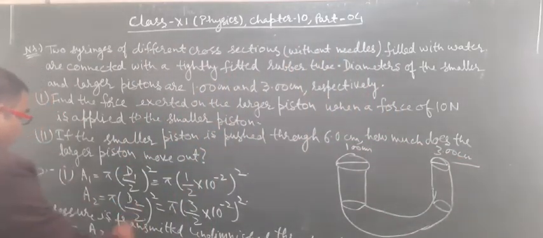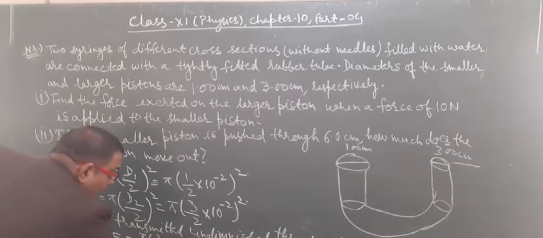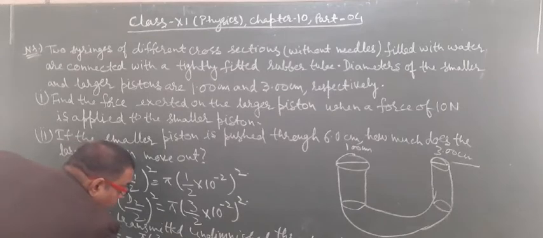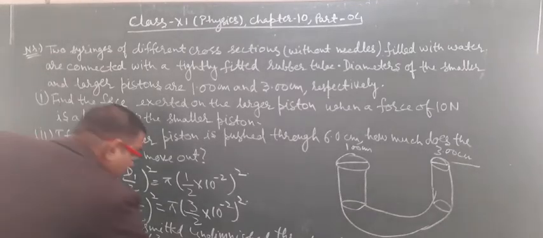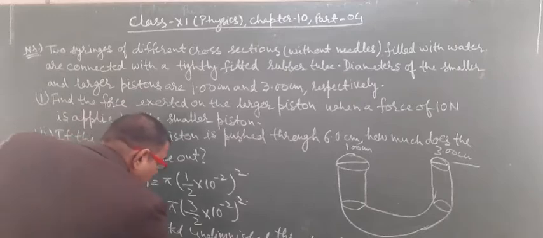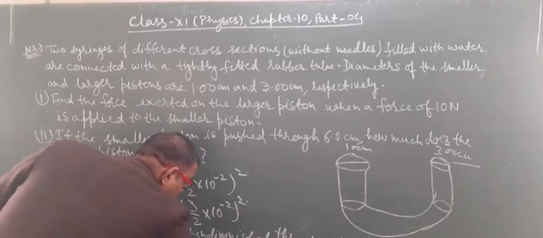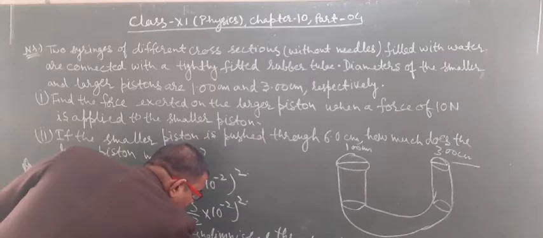So the value of A2 upon A1 is pi (3 by 2 into 10 to the power minus 2) whole square upon pi (1 by 2 into 10 to the power minus 2) whole square. Pi and pi cancel out, and it will become 9 upon 4 into 10 to the power minus 4 upon 1 upon 4 into 10 to the power minus 4.